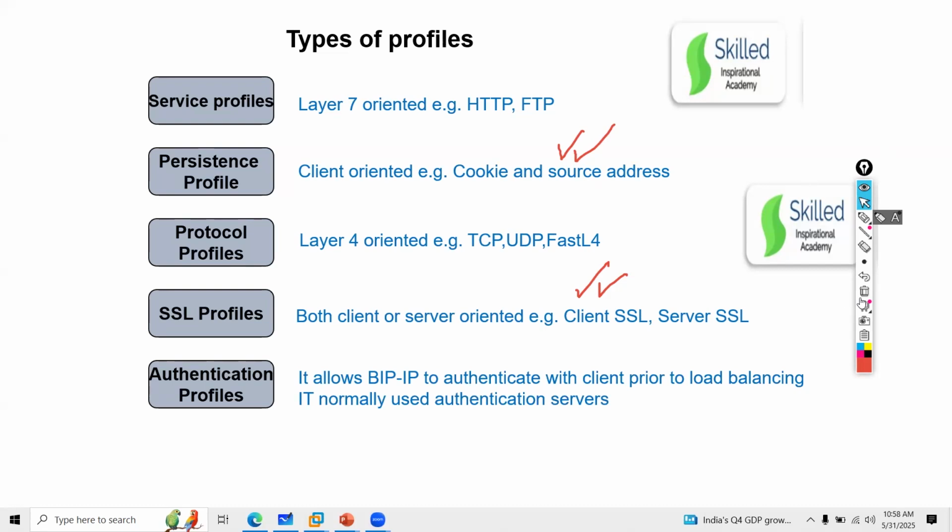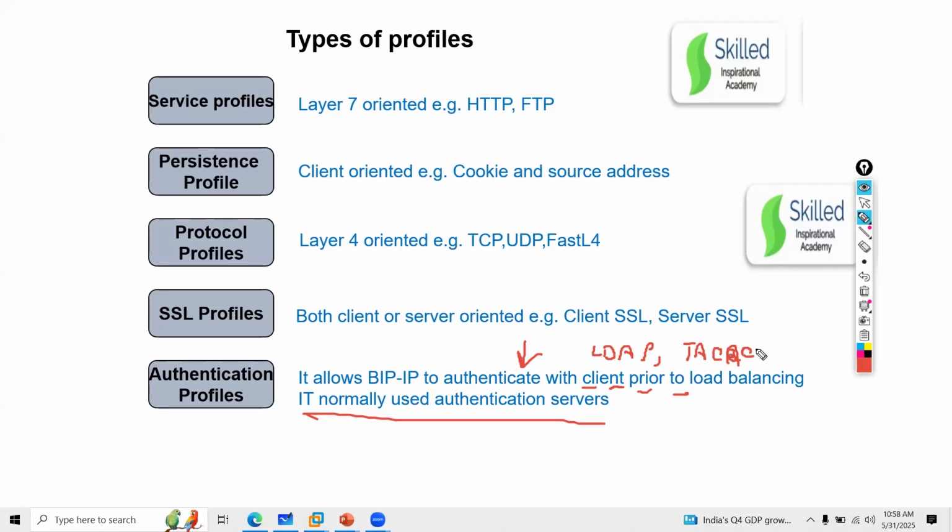Authentication profile. It allows BIG-IP to authenticate with the client prior to load balancing, like LDAP, TACACS. Before someone can access my server, it has to authenticate whether it's a valid user or not. That is where authentication profile comes in.